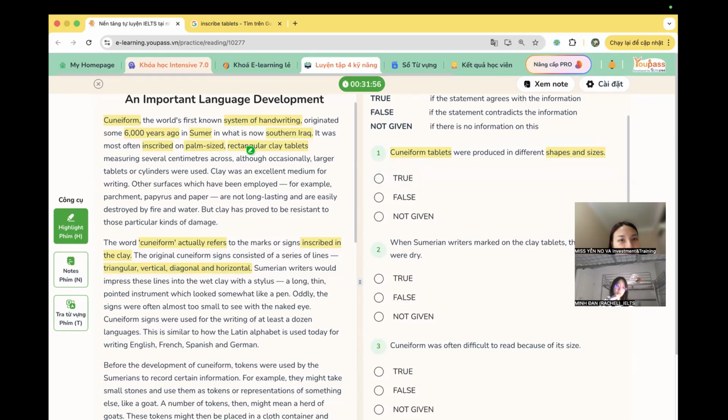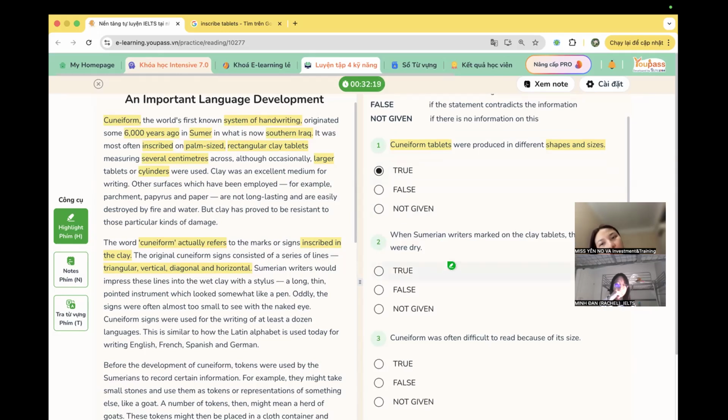And here we can see something rectangular, several centimeters across. Sometimes it's larger, sometimes it's cylinder. So is it true, false, or not given? I think it's true. Yeah.